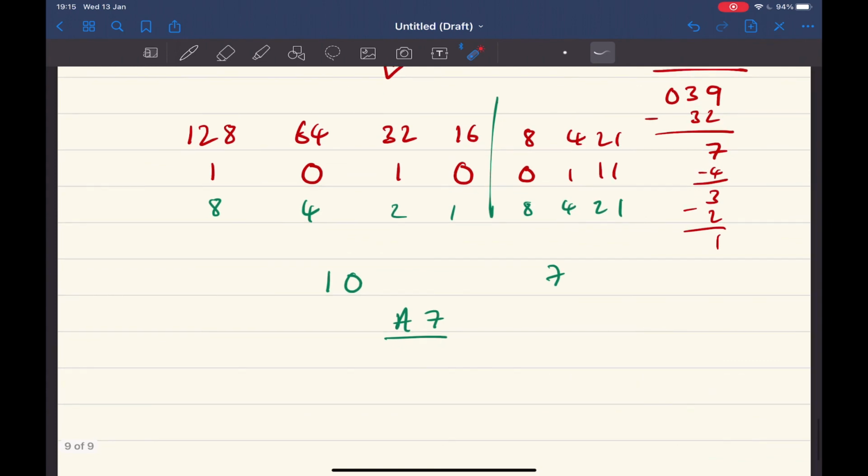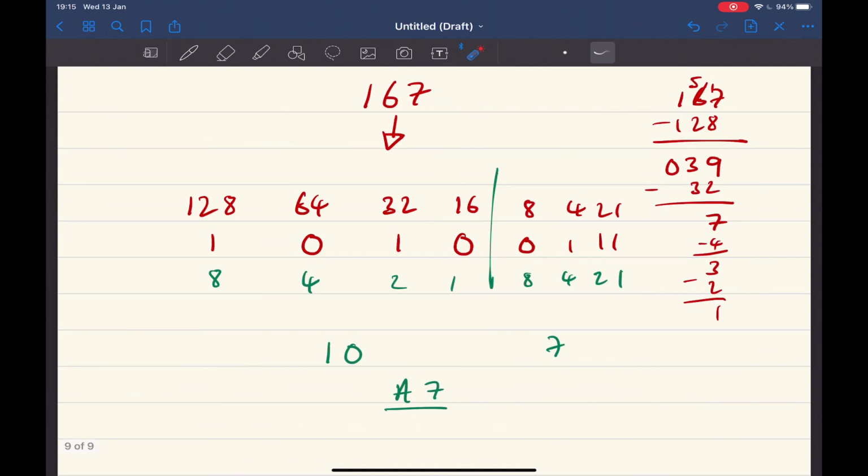So that's hexadecimal. Hexadecimal again is used purely for humans to make it easier for them to be able to remember long binary numbers. The expectation for you is to be able to convert to and from hexadecimal and denary, and hexadecimal and binary.